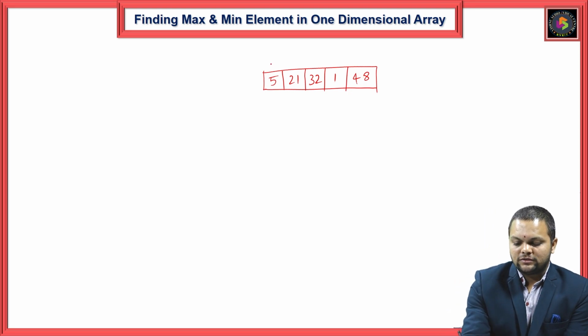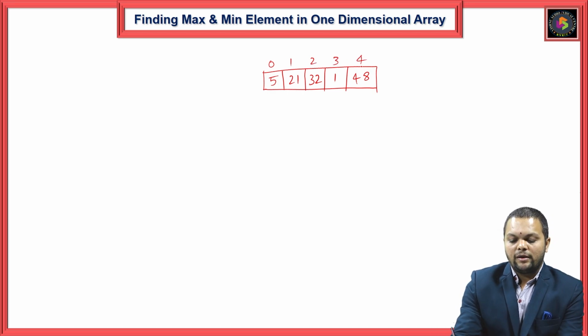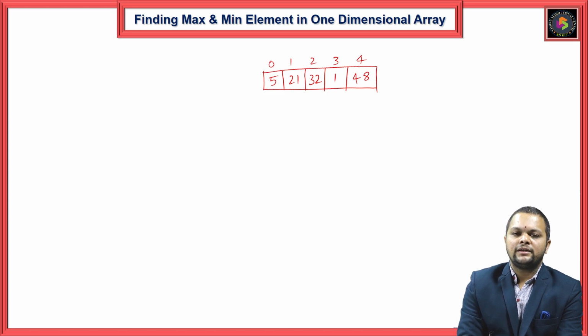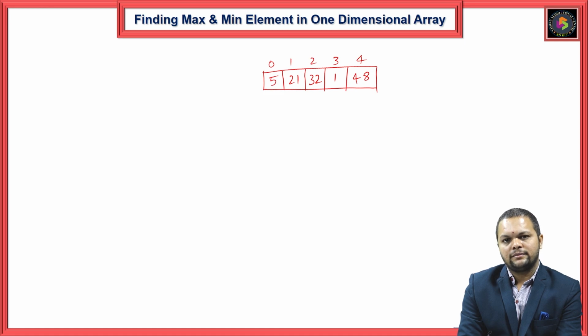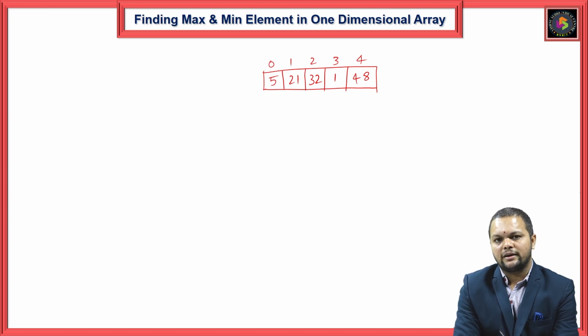The index numbers will start with 0. This is 1, this is 2, 3, and 4. If I'm having 0, 1, 2, 3, 4 as my index numbers, and I want to find the minimum element in that array as well as the maximum element. By looking at this directly, we can say that 1 is the minimum and 48 is the maximum.